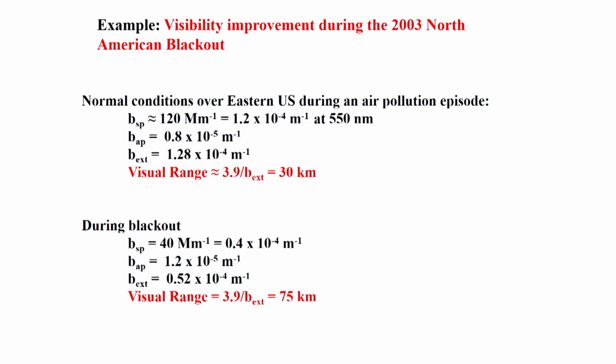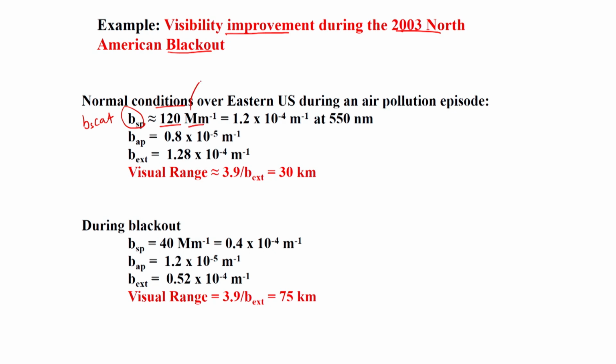This is an example that is given, for the case of the 2003 North American blackout. This is how they discuss the visibility improvement. During normal conditions, you have scattering, V scattering, that is actually 120 mm inverse.